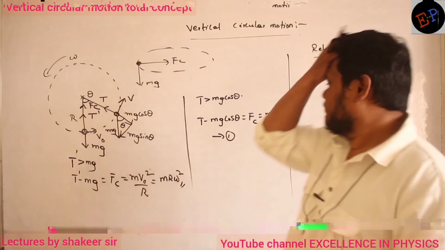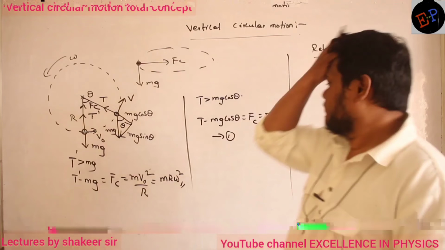Okay? So I want to calculate that angle when the body loses contact with the convex surface. See, if this body starts sliding downwards, permanently it cannot move in a circular path. Somewhere it will lose contact with this surface. So what is that angle where it loses the contact?